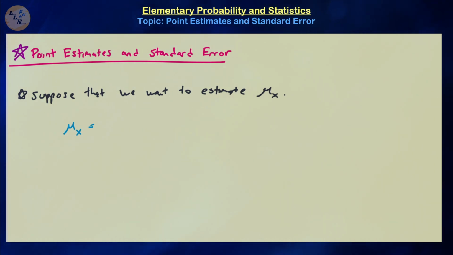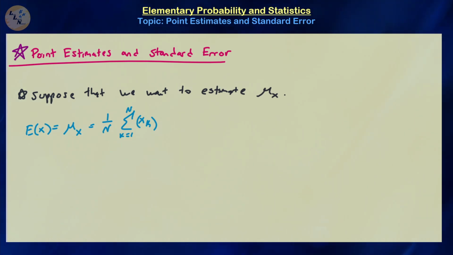So mu x is going to be equal to 1 over capital N times the sum from k equals 1 to capital N of each of the values in our population. Now, of course, if X is a random variable, then we can take mu x and call it E of capital X. And that means these xk's are also random variables as well, coming from this population.